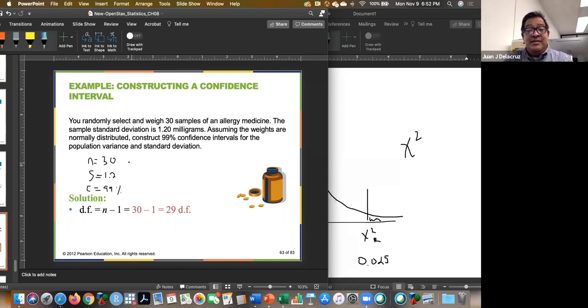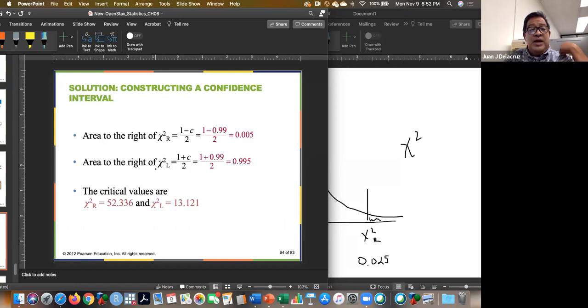Once again, based on our sample size, we find the degrees of freedom. We have 29 degrees of freedom, and then we are going to solve it. We are going to find the area to the right of the chi-square. So we have 1 minus C, which is 1 minus 0.99, divided by 2.